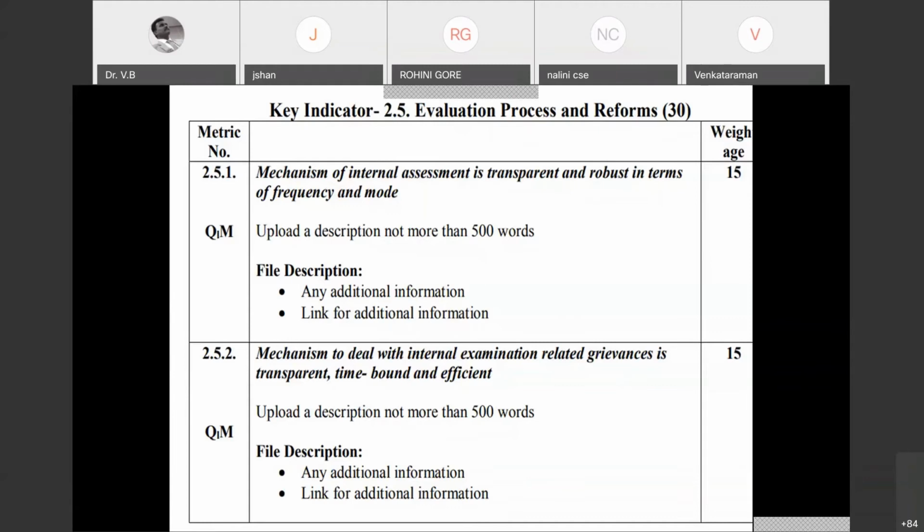Next one is again qualitative: the mechanism to deal with internal examination related grievances, whether it is transparent, time bound, and efficient.